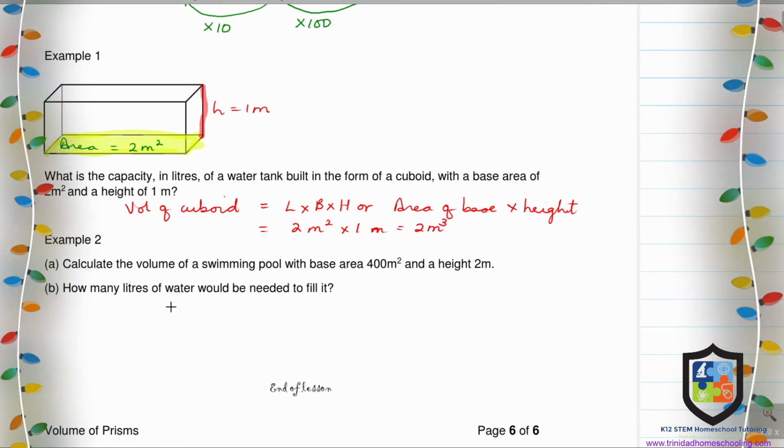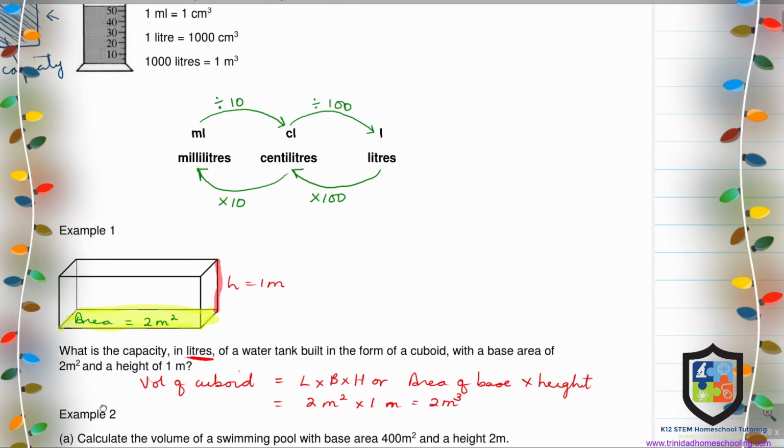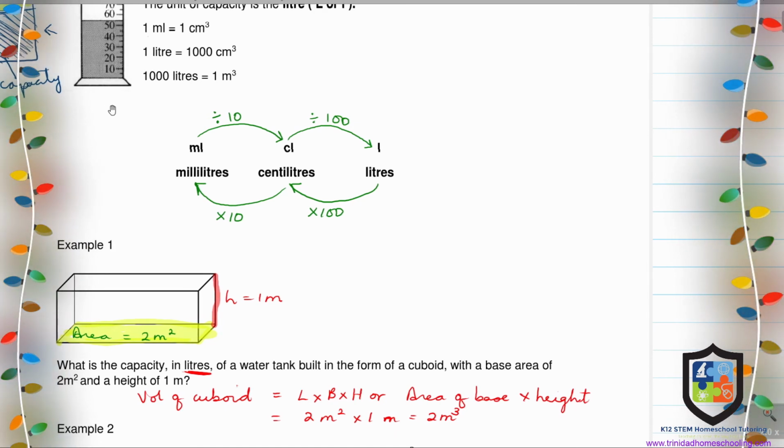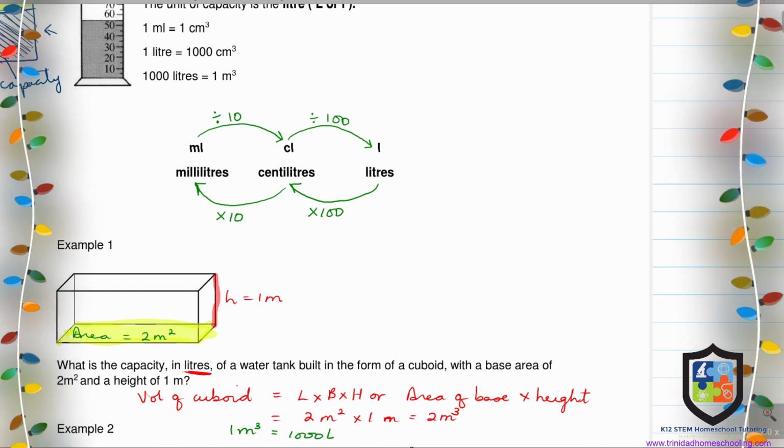Now, they want the answer in liters because, as we said, capacity is measured in liters. So go back to your conversion here. How many meters cubed will give me how many liters? Here we're seeing 1 meter cubed is equal to 1,000 liters.